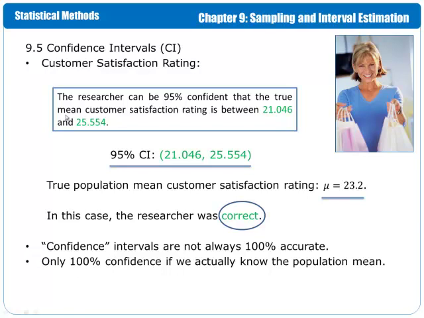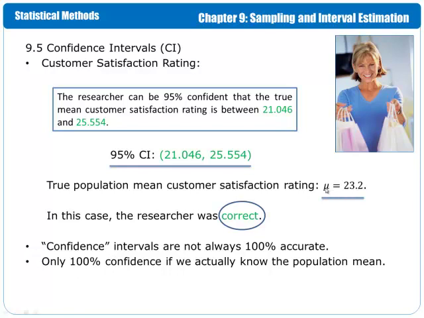So for example, if we did this with the customer satisfaction rating data, the researcher can be 95% confident that the true mean customer satisfaction rating is between 21.046 and 25.554. In fact, the population customer satisfaction mean rating is 23.2, so this interval really does contain that population value.